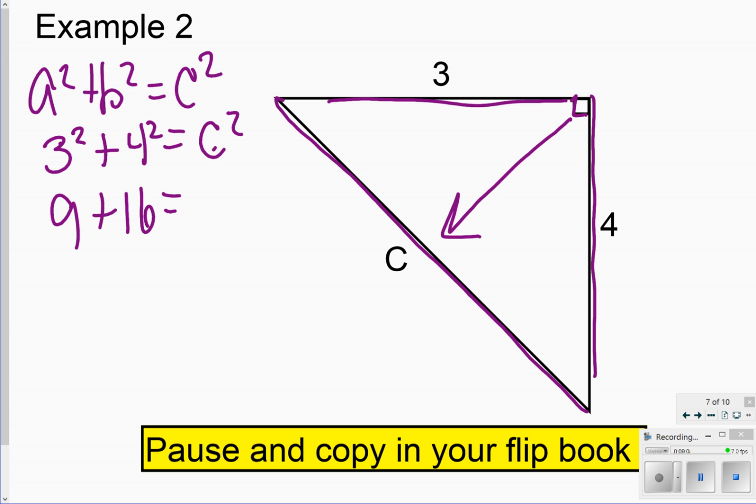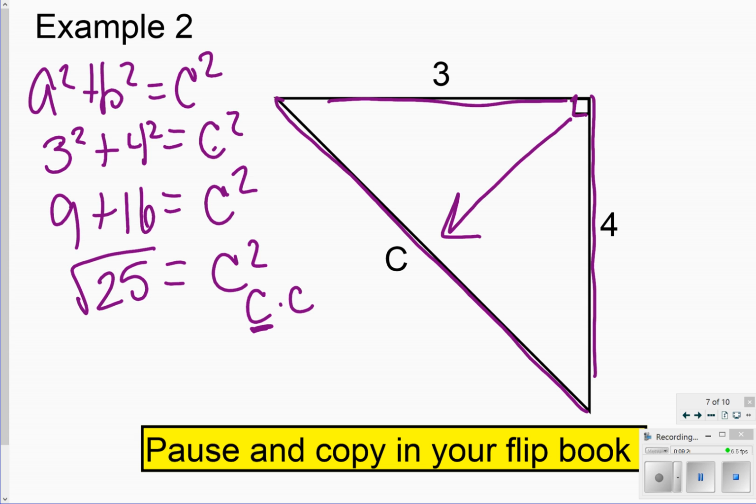If you remember from our squares earlier, this is going to be 25, equal to c squared. Remember, this is c squared, which is c times c. We need to figure out what 1c is equal to. So we take the square root of 25, and we find that 5 is equal to c. Go ahead and add this information into your flipbook.